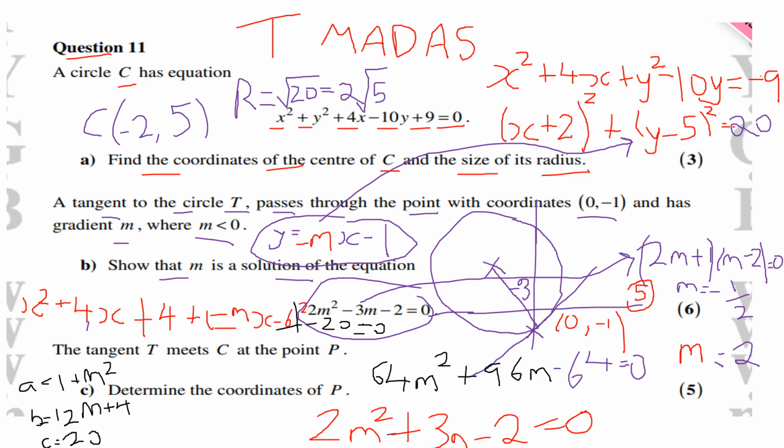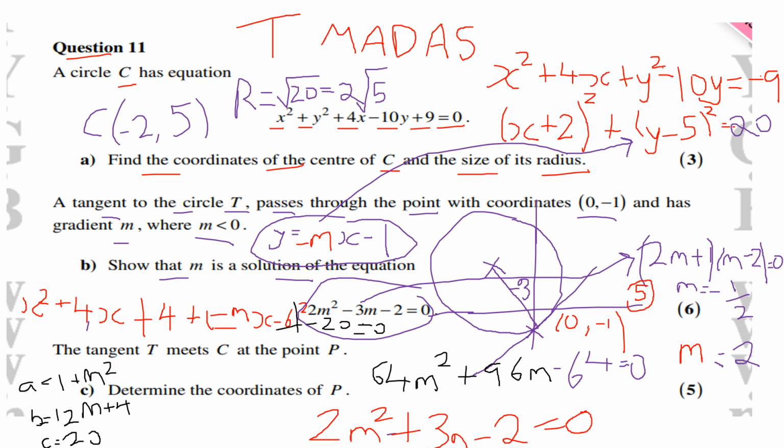Okay, either way. Right, the tangent T meets C, so meets a circle at point P. So there are actually 2 tangents.